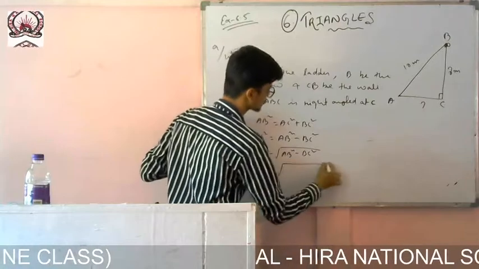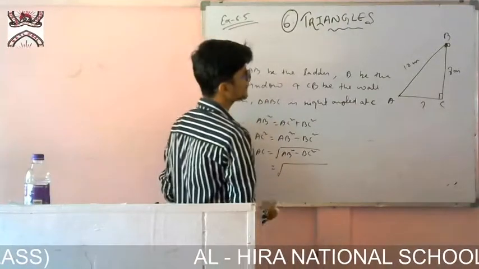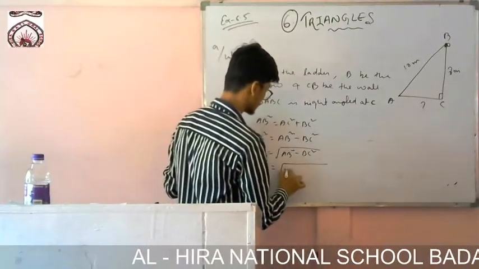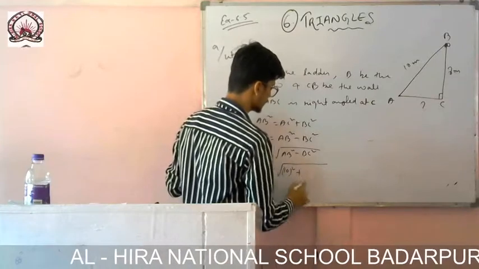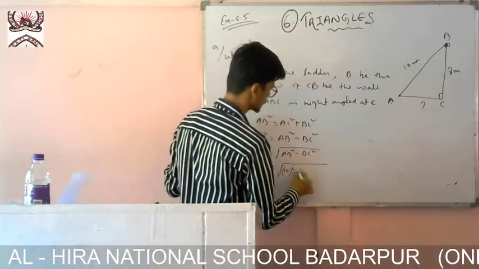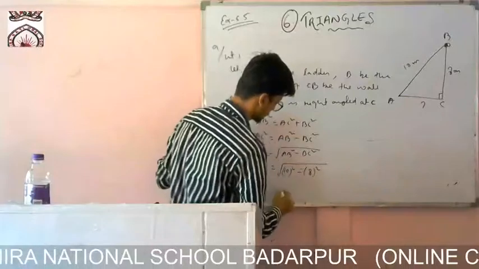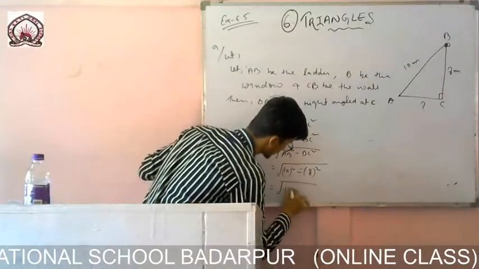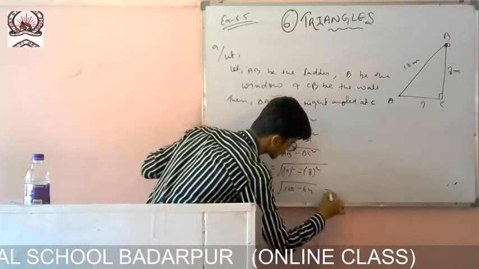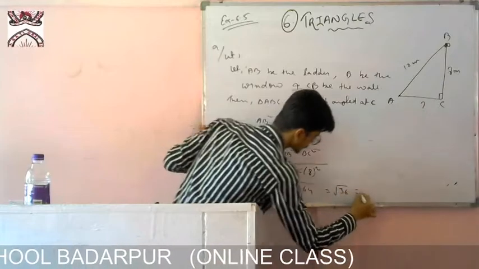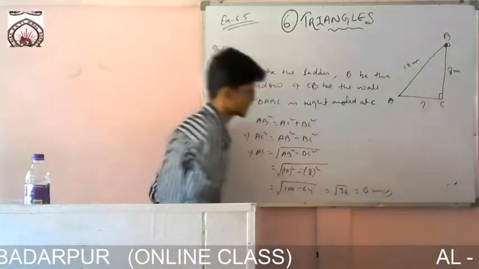AB is 10, so 10 square minus BC, that is 8. So 10 square is 100, minus 8 square 64, so 36, which gives 6 meter.